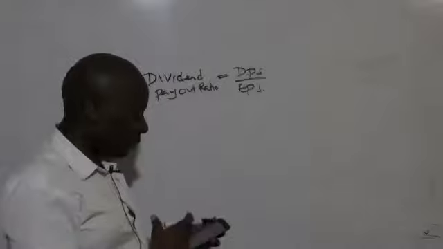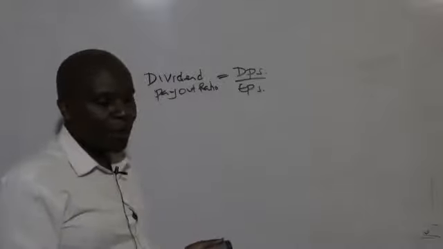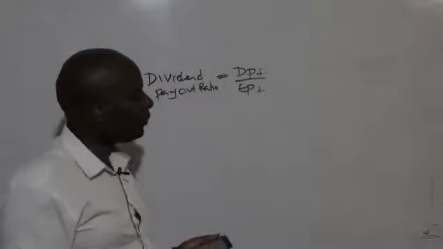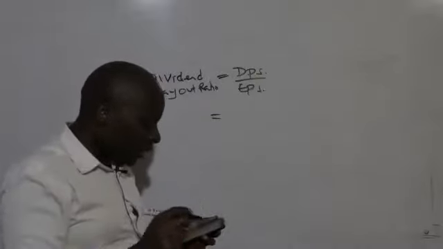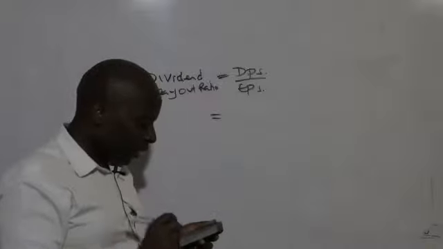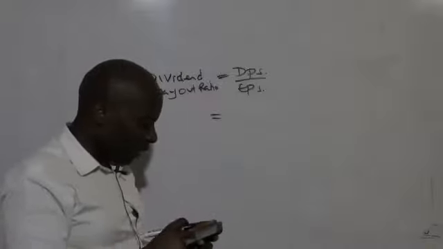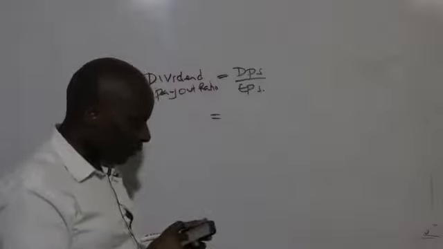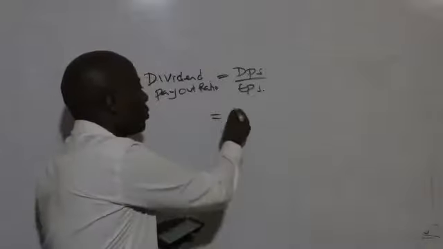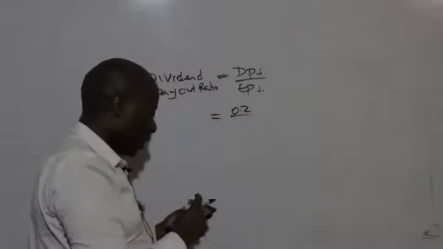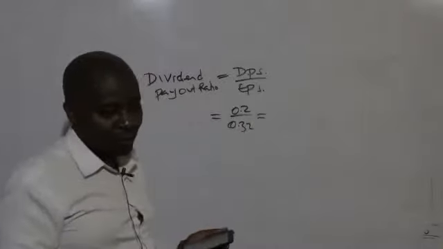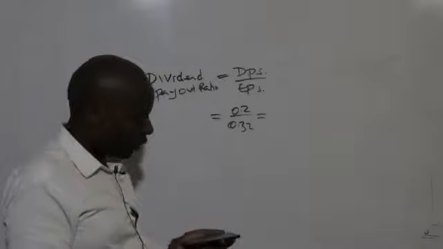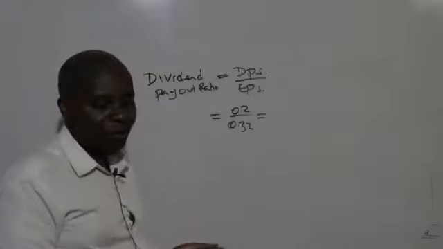So in this particular question here, the dividends which were paid were 0.2, all over the total earnings, in this case here, which are 0.32. So would you give me this in form of decimal? Somebody help me out. 0.2 divided by 0.32 will give me what figure, somebody?